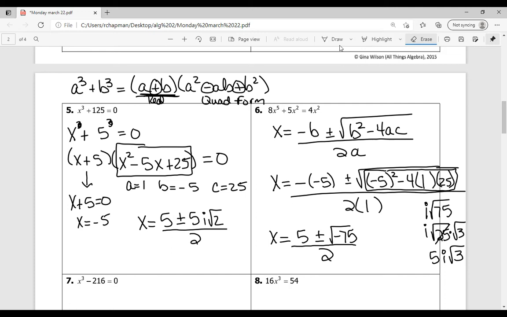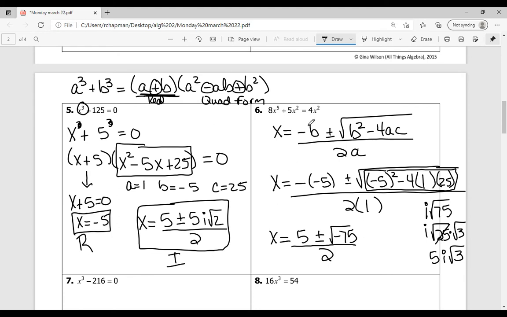So I have three answers, and that's what I was looking for. This one is real. These two are imaginary. So pay attention to your directions. If your directions said, give me the real numbers, all you would type in was -5. If it said all solutions, you give them both.